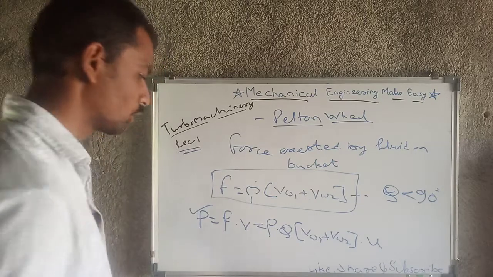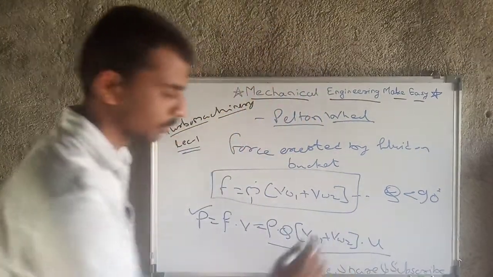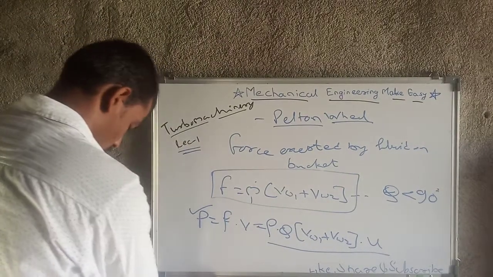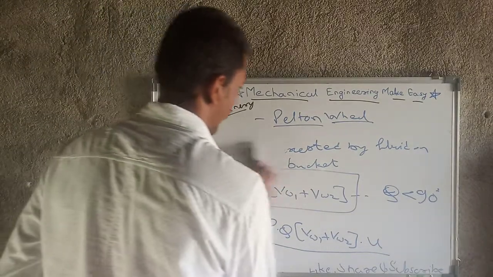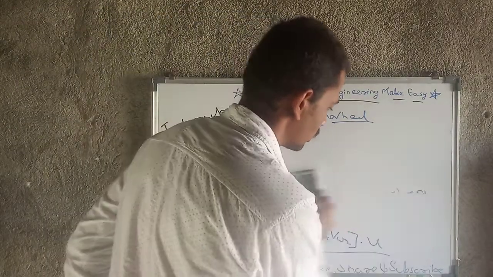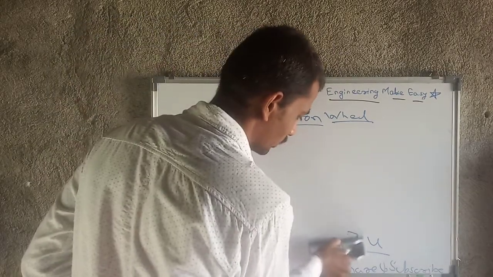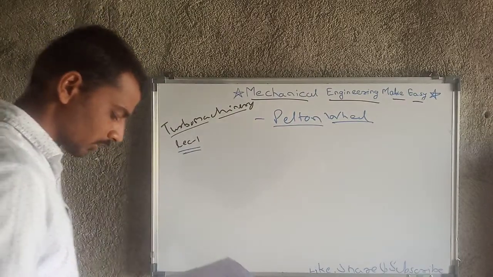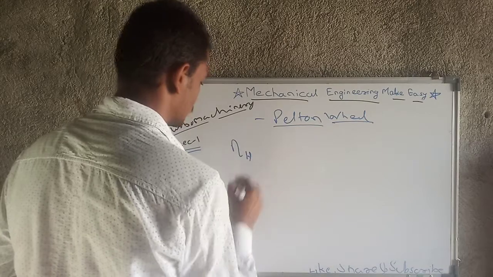This is the power developed. Then I will move towards hydraulic efficiency and those parameters. If you have any confusion, then you can comment to me, because I am clearing all the concepts, but there is a time limitation, so there may be chances that you will not understand all the concepts properly.